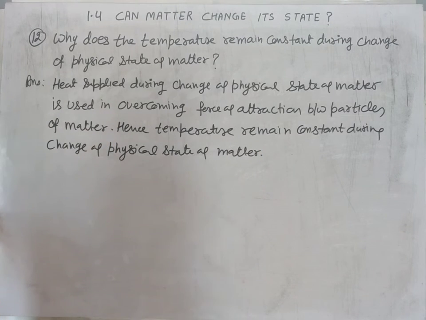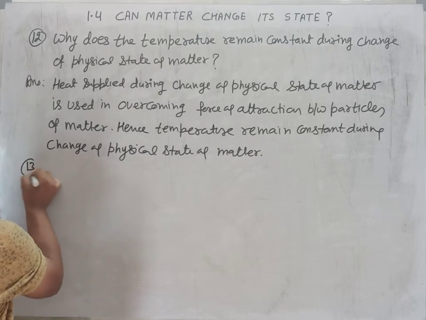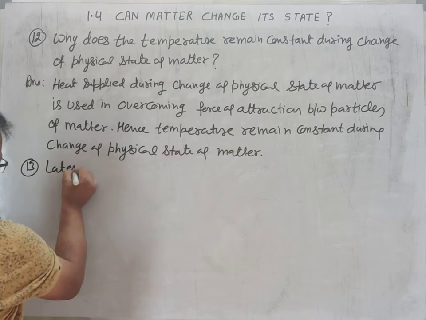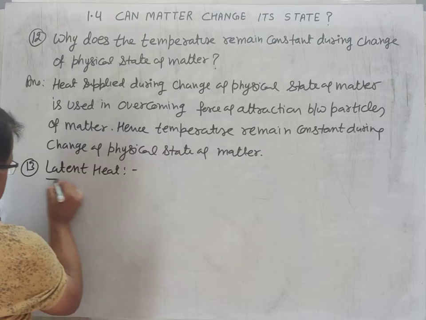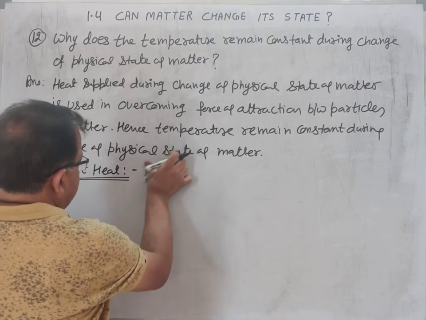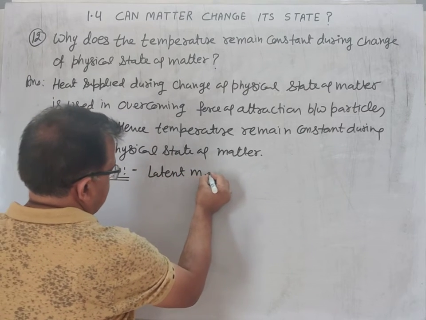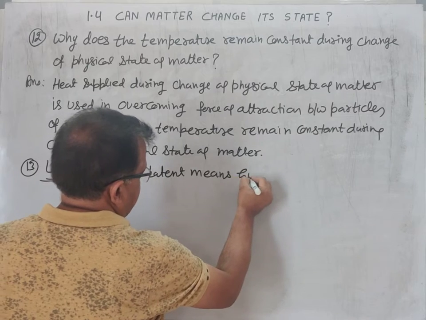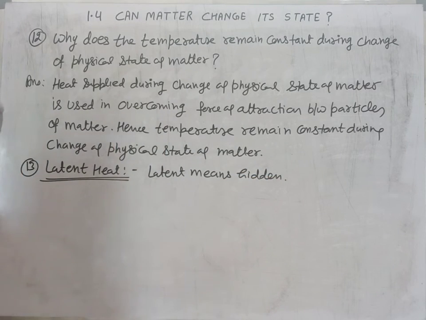Now this energy is stored in the form of latent heat. What is latent heat? Latent means hidden. So it is the hidden heat which got hidden in the matter.